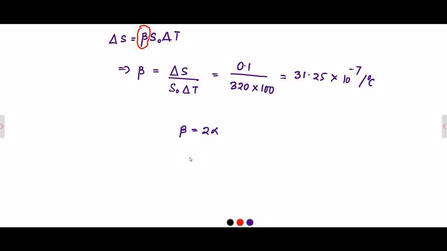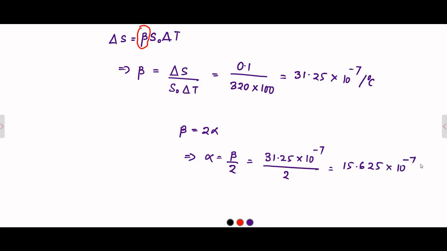That implies alpha is equal to beta by 2, which is equal to 31.25 into 10 to the power minus 7 by 2, which is equal to 15.625 into 10 to the power minus 7 per degree Celsius.